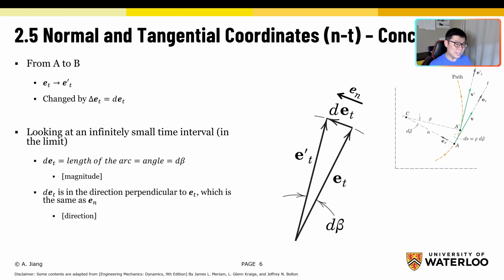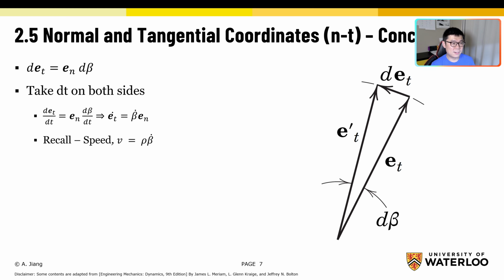Recall from the beginning, in the NT coordinate system, et and en are perpendicular to each other. So this means the direction of d et is the same as en. So we have a magnitude and we have a direction. Now we can put everything together. Our d et is equal to en, the unit vector of the normal direction, times d beta, the magnitude.